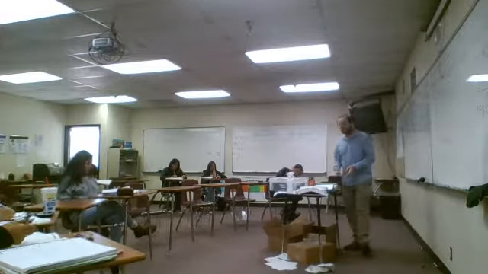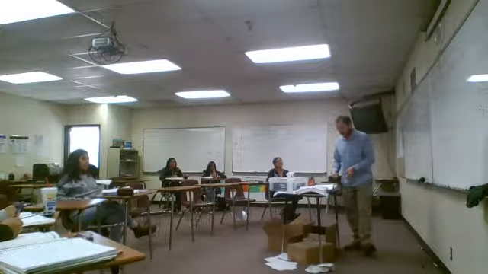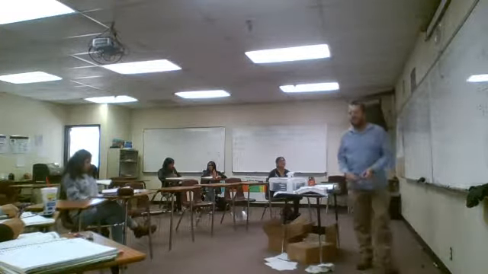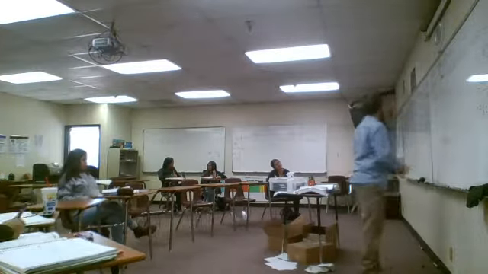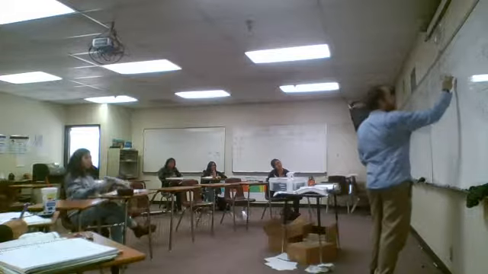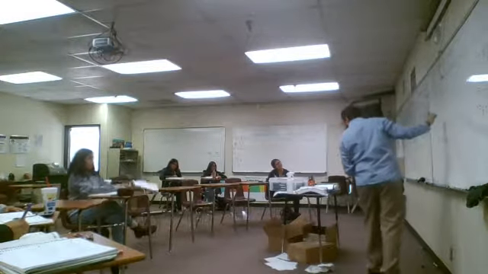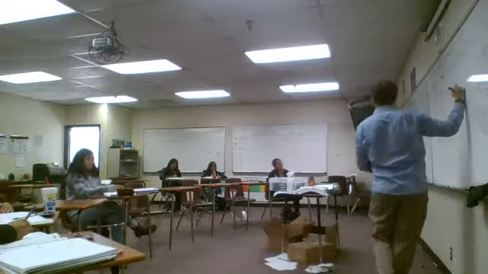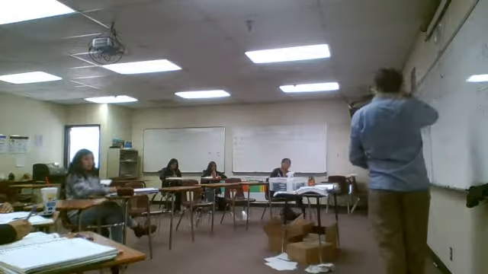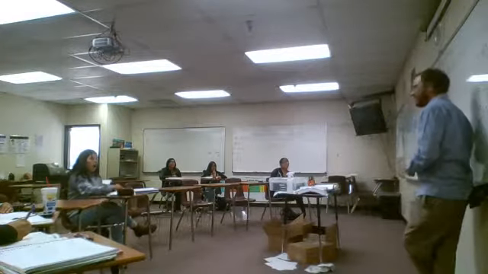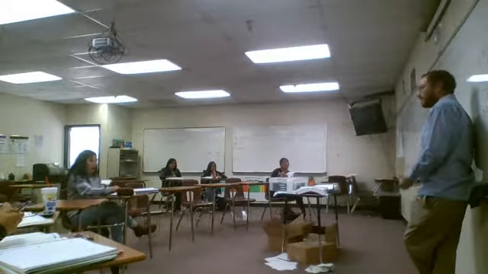Well, this will be your exit ticket. See if you can solve B for me. Just to help you get started really quick: for this one, we have x cubed plus 8 equals 0. Is this a sum of squares, a sum of cubes, a difference of cubes, or a difference of squares?